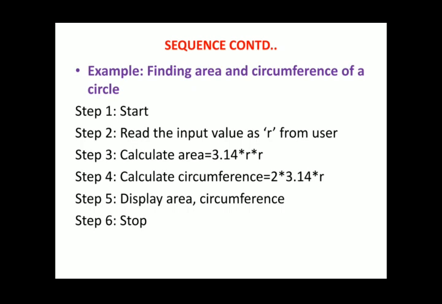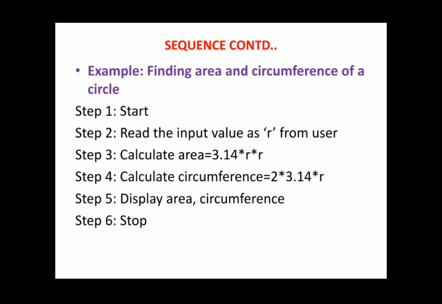In step 4, the circumference of the circle is calculated with the logic 2 pi r. That is, based on the user input value, the circumference of the circle is calculated as 2 into 3.14 into r, and the final processed data is stored in the variable circumference.